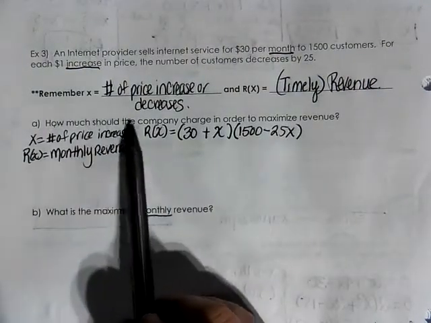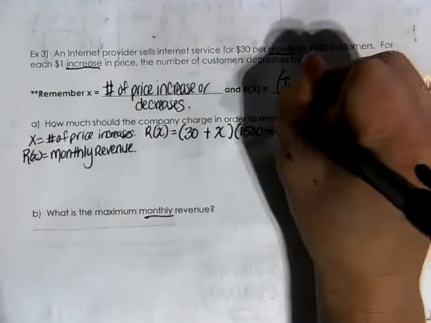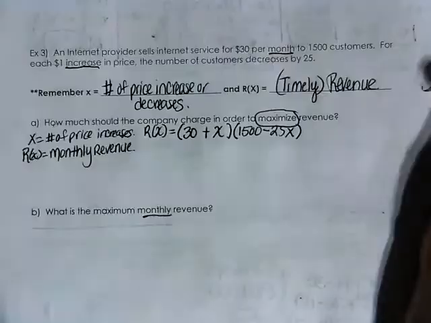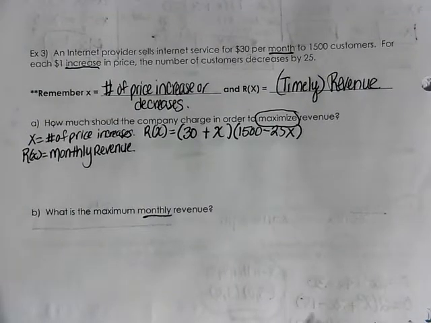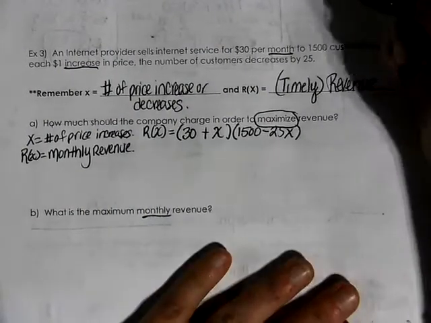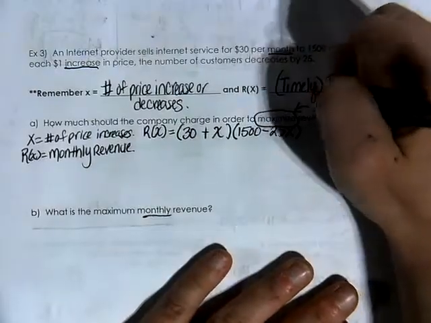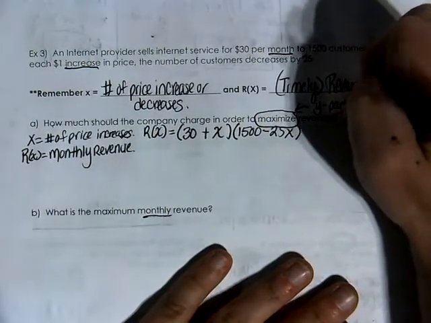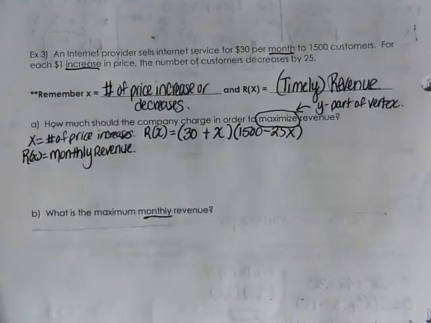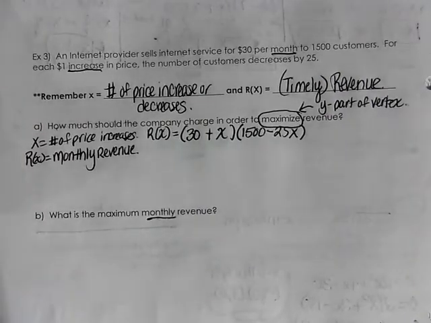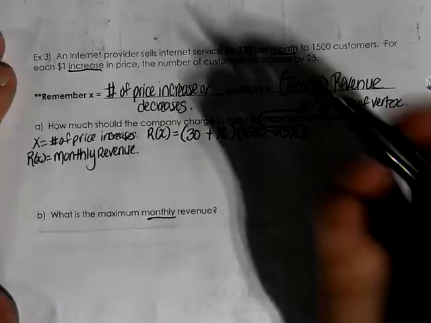Question letter A says, how much should the company charge in order to maximize revenue? So whenever you want to maximize revenue, that means that we want to find the y part of the vertex. So that means that we get to use our skill of finding our zeros or roots or x-intercepts to help us identify the x part of the vertex to help us find the y part of the vertex.